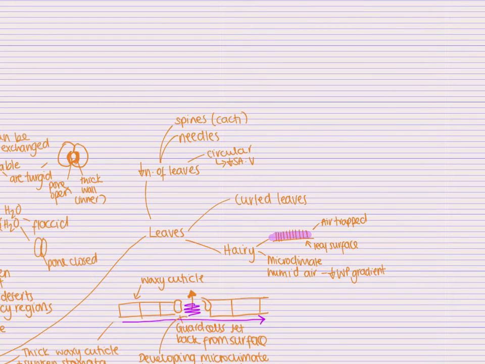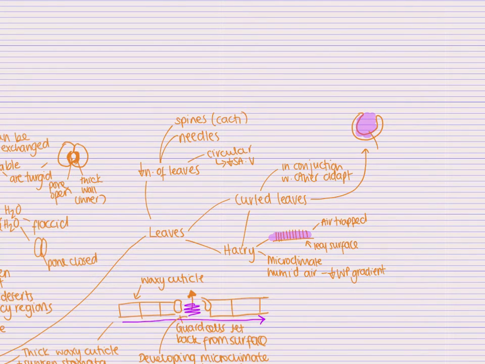Now the final one is those curled leaves, and this is normally used in conjunction with the hairy leaves. So I'm going to link those together actually. So in conjunction with other adaptations. And what we're doing is wrapping the leaf in on itself so it forms like a nice horseshoe shape. And again, we're focusing on that microclimate.